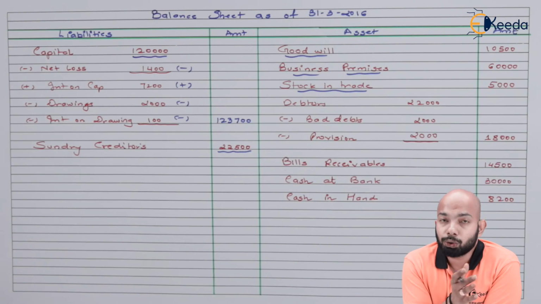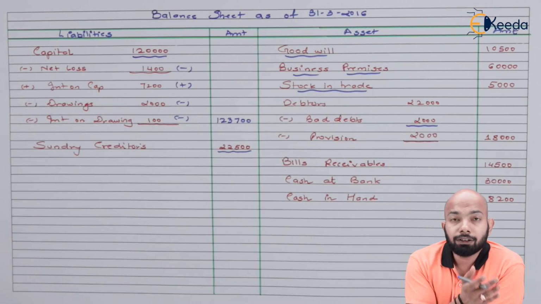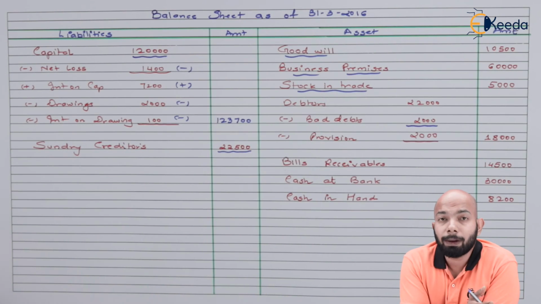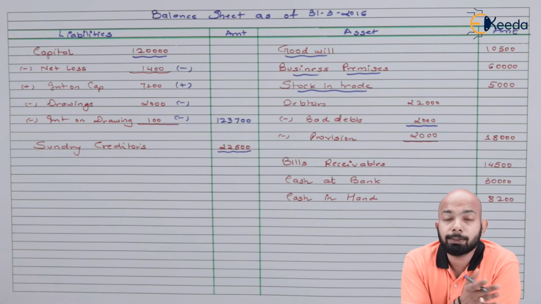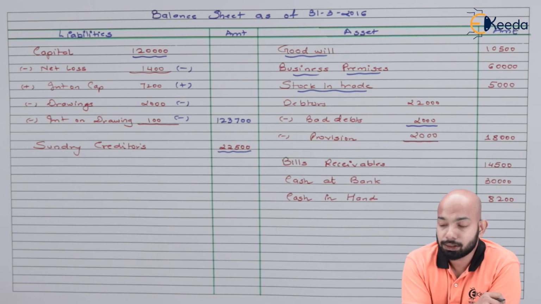Debtors total amounted to 22,000, out of which we have subtracted the bad debts 2,000. After which we have subtracted the provision for doubtful debts as 2,000, and the outer column has been mentioned with 18,000 balance.